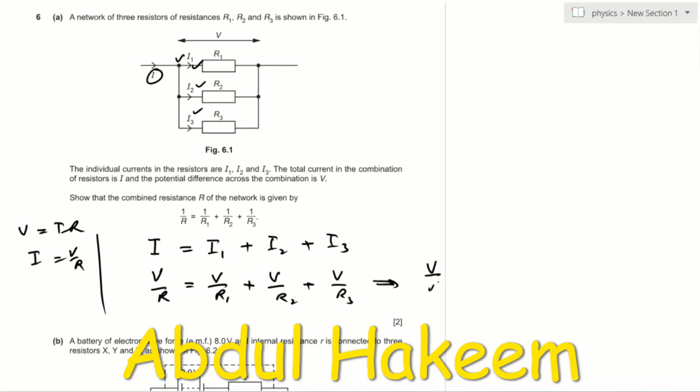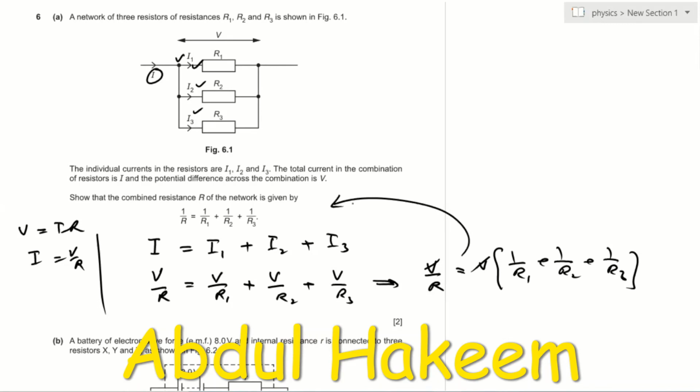Now V over R, take V common from right side, so 1 over R1, 1 over R2, 1 over R3. When we cancel, then you will get this relation.